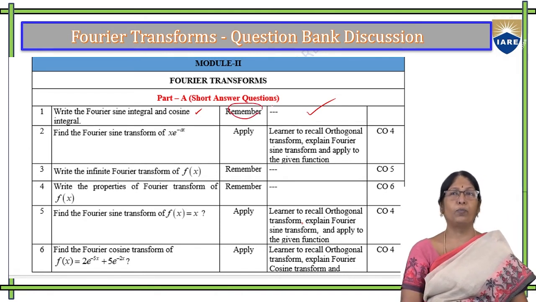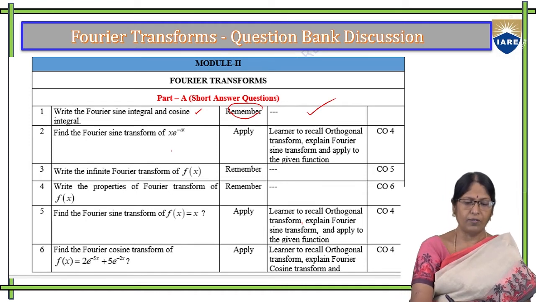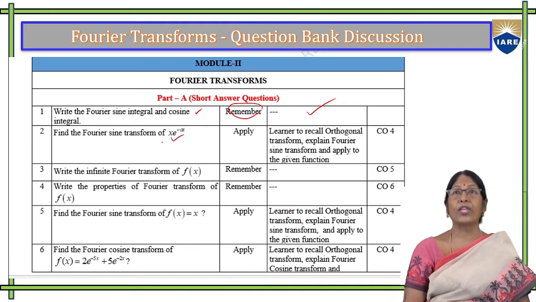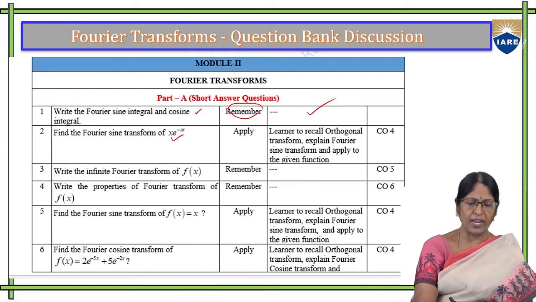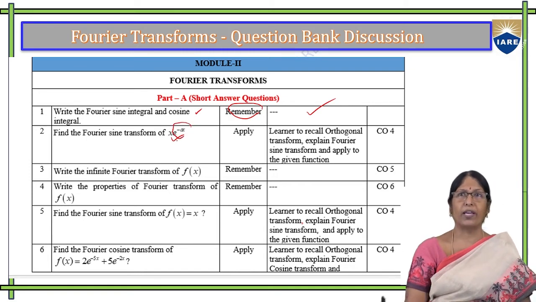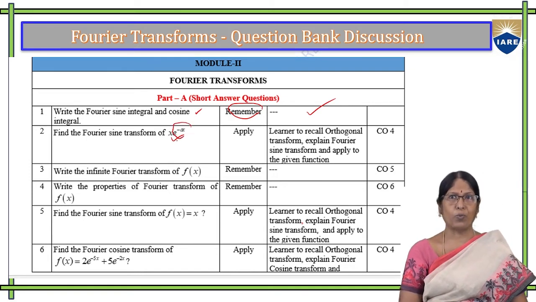Remember is the Bloom's taxonomy action verb here. Whereas in the Fourier sine transform of x e power minus ax, any function multiplied by x has a separate formula that we have to take.